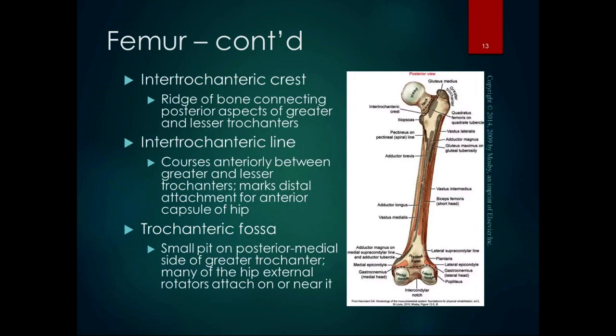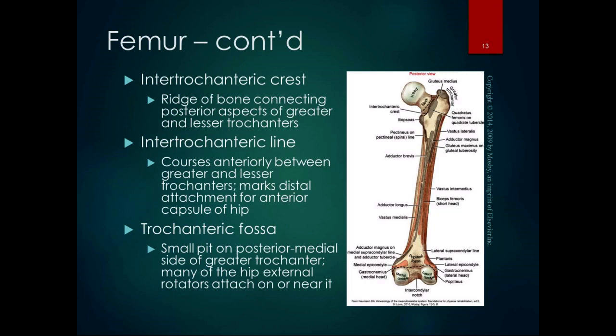The intertrochanteric crest is a ridge of bone connecting the posterior aspects of the greater and lesser trochanters. So on a bony model, you can really see that crest. It's on the posterior aspect. The intertrochanteric line courses anteriorly between the greater and lesser trochanter.